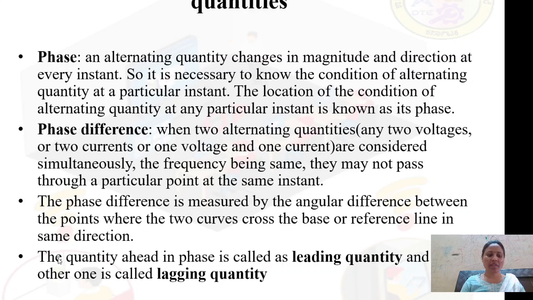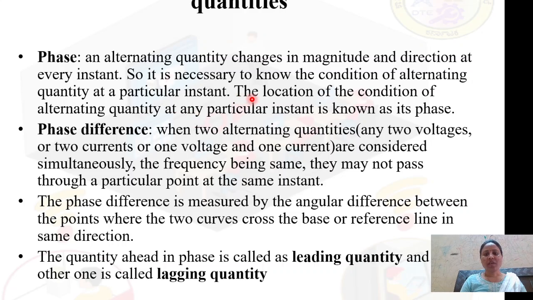First, we will try to understand what is meant by phase. We know that the alternating quantity changes its magnitude and direction at a regular interval of time. Hence, it is necessary for us to know what is the condition of the alternating quantity at any particular instant.